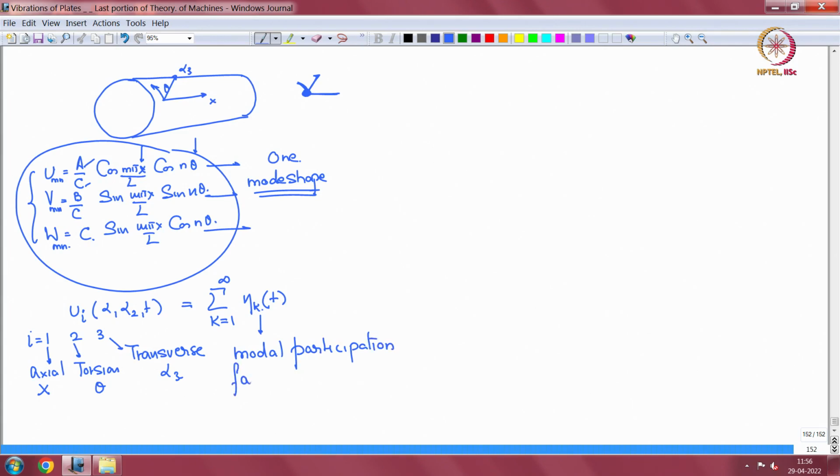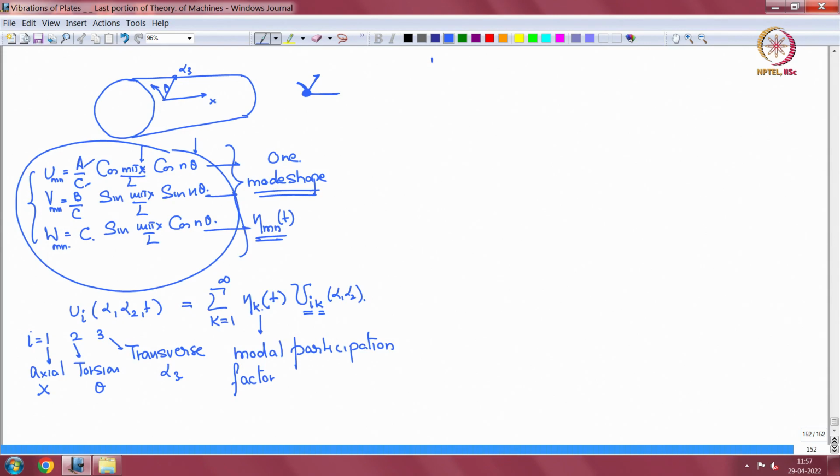That means how much of a single mode contributes to the total response. So this mode will have a modal participation factor eta_mn of t, one modal participation factor, and this is the i displacement. So the mode shape has to be represented accordingly, i direction and the same mode shape. Okay.